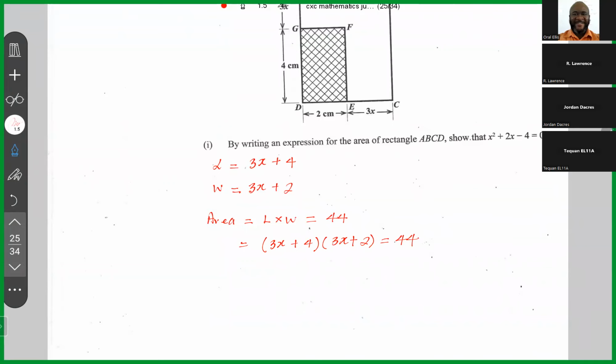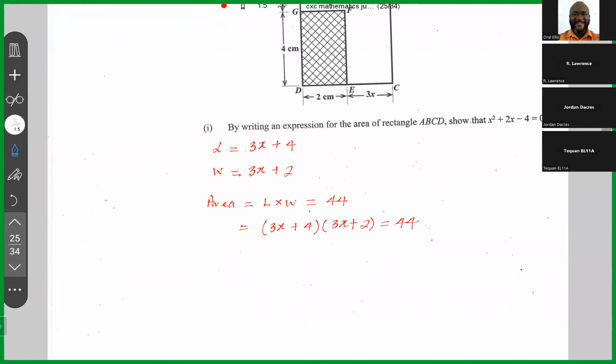All right, so let's multiply 3x plus 4 by 3x plus 2, binomial expansion. 3x times 3x, that would be 9x squared. 3x times 2 is 6x. 4 times 3x is 12x. 4 times 2 is 8. And this is equal to 44.